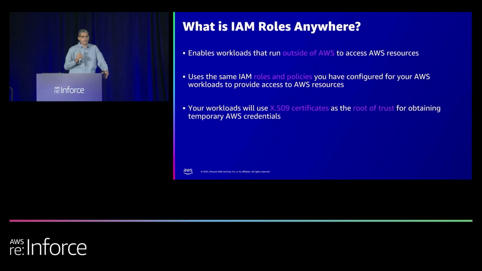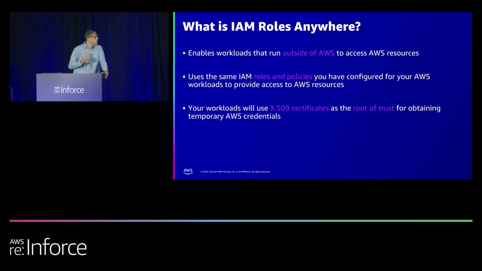They can be running on premises or in hybrid scenarios. It enables you to use the same IAM roles and policies that you have configured for your native application running on AWS to access AWS resources.